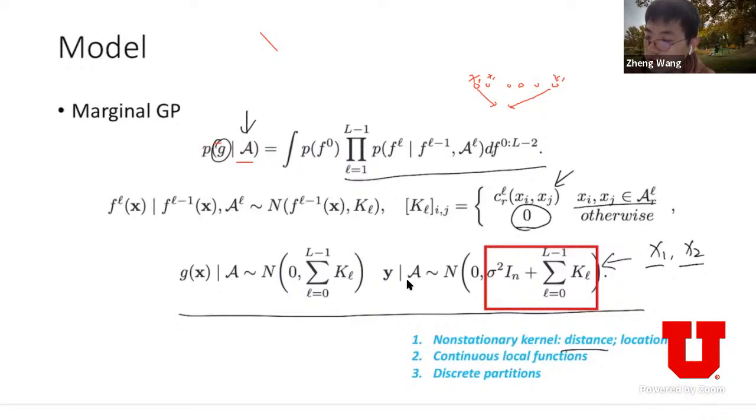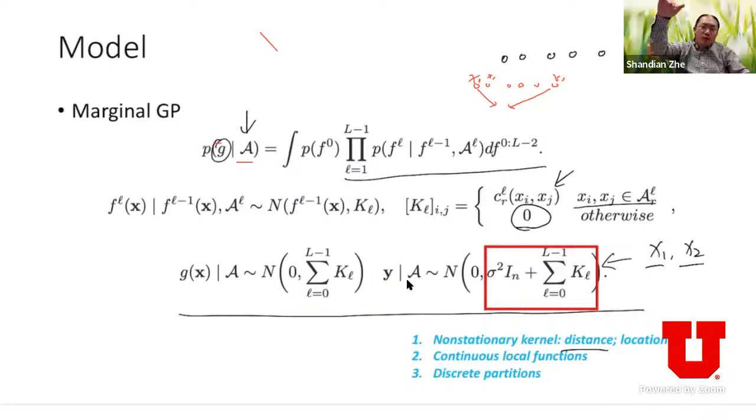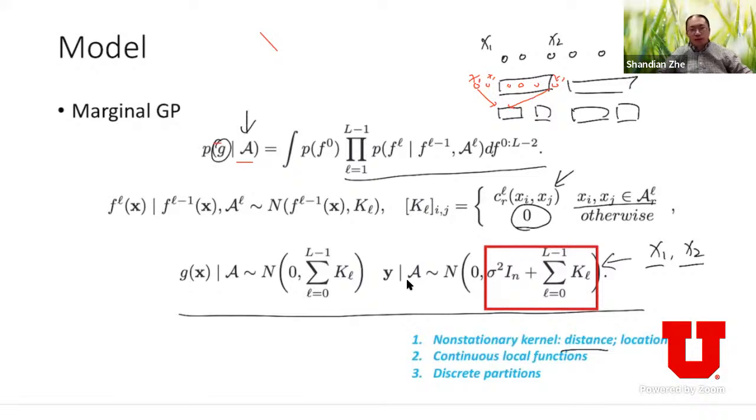Like if all these are the inputs, and here is x1 and here is x2, in different levels we can have different partitions. Well, I guess we would just look at the biggest partition which contains both x1 and x2 and then go back toward the root node, right? Yeah, and you just calculate the covariance function along that path.